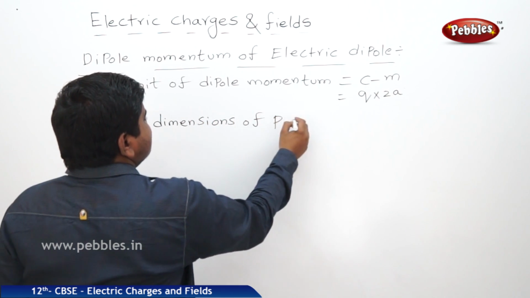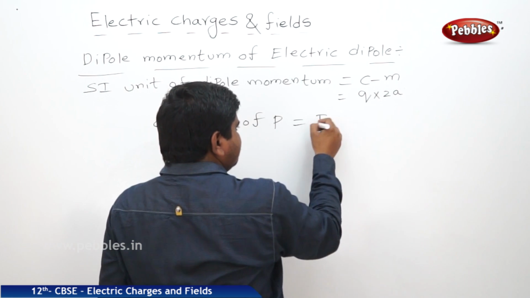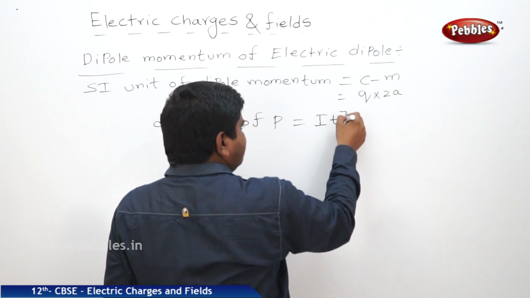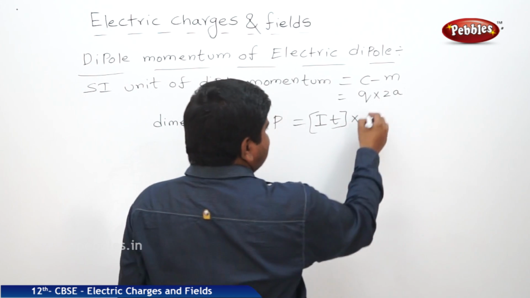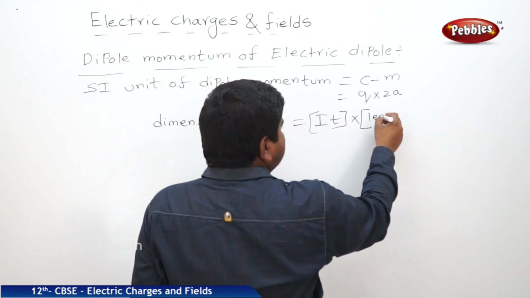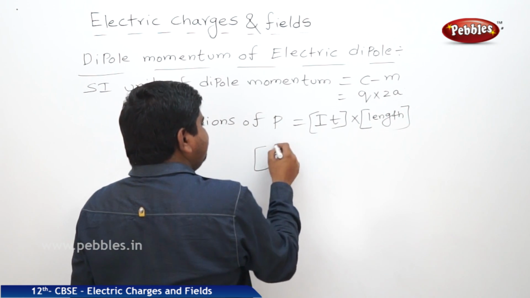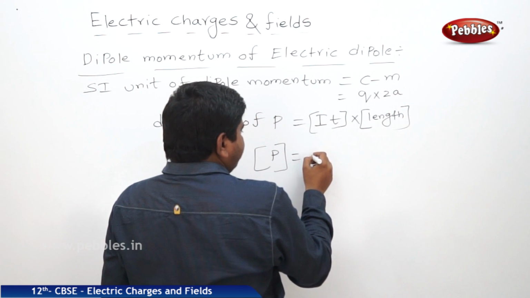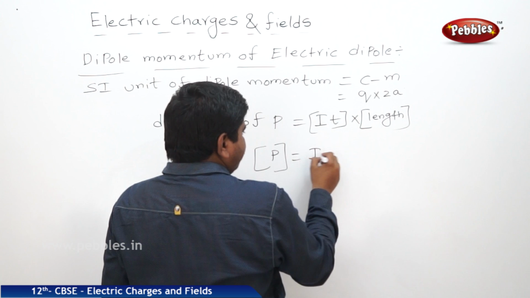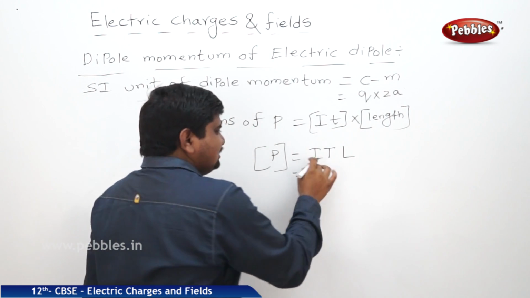Dimensions of P is equal to Q, nothing but IT, into, what is this 2A? Distance, nothing but the length. Therefore, dimensions of P is equal to, what is this I?